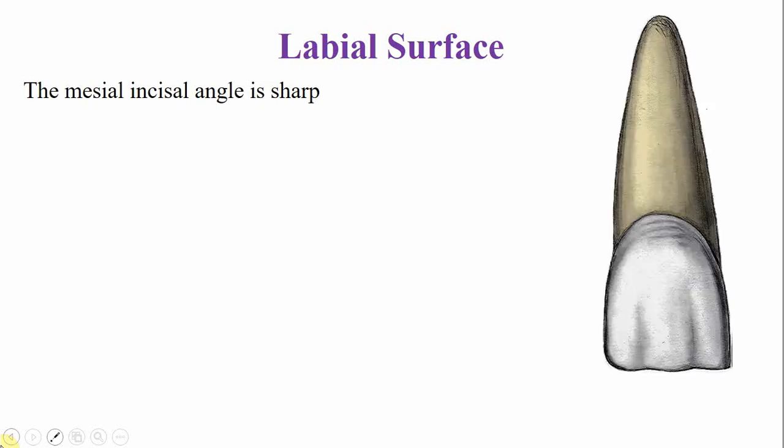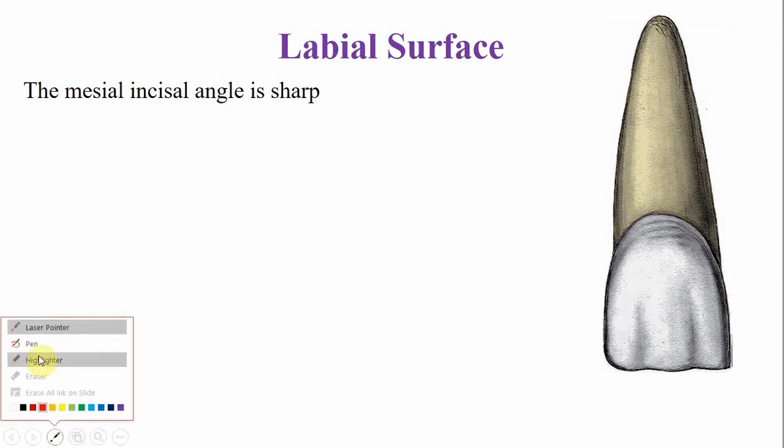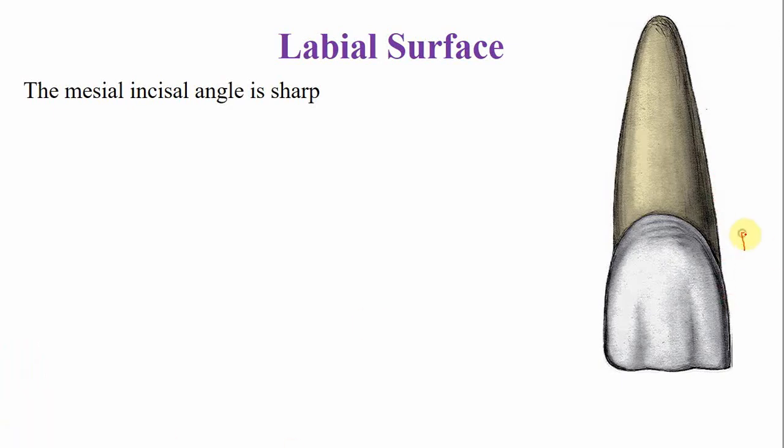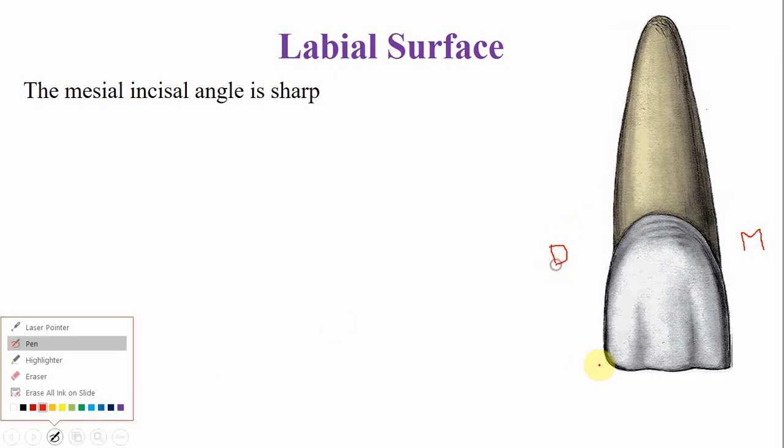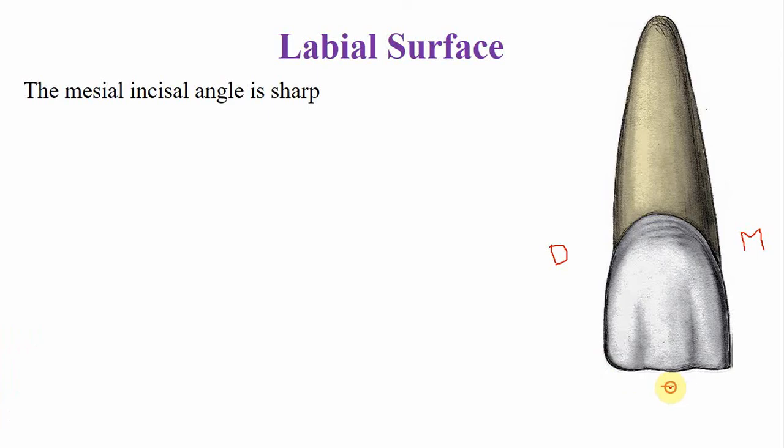The mesio-incisal angle of this tooth is sharp. So this is one right central incisor. This is the mesial side of the tooth, so let's write M over here, and this is the distal side, and this is the incisal surface.